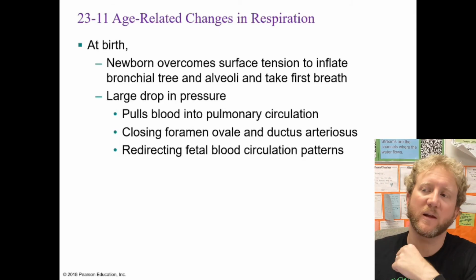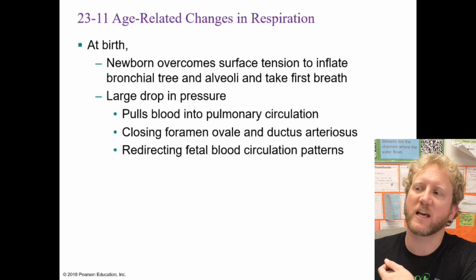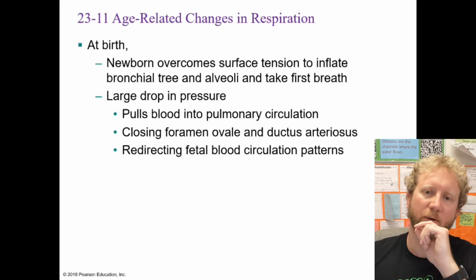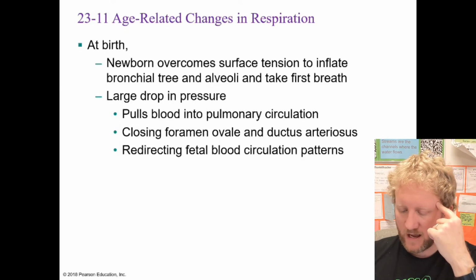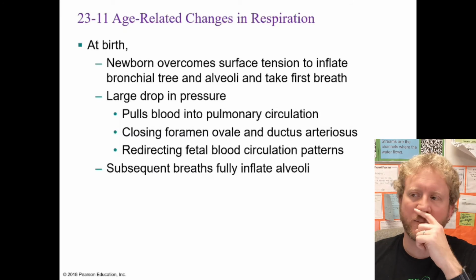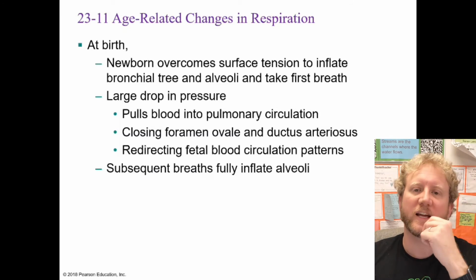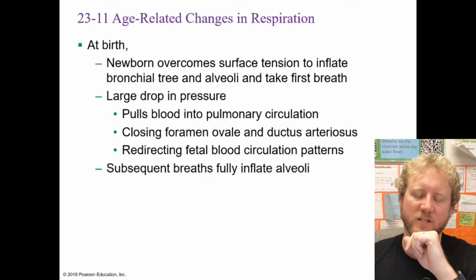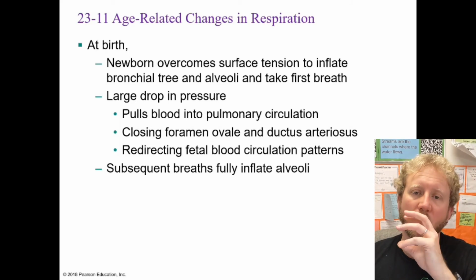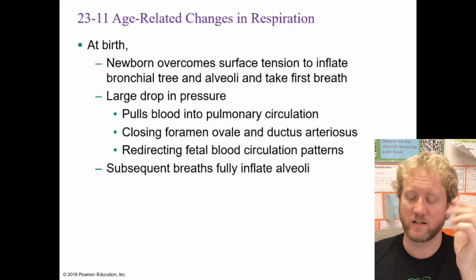Now, there are some cases where that bypass is not closed, in which case, after they do diagnostic tests, they have to go in to do surgery to close that. Subsequent breaths as the baby is crying will fully inflate all the alveoli. So hearing that baby cry the first time that they're born makes a whole lot of people happy for a whole lot of different reasons.